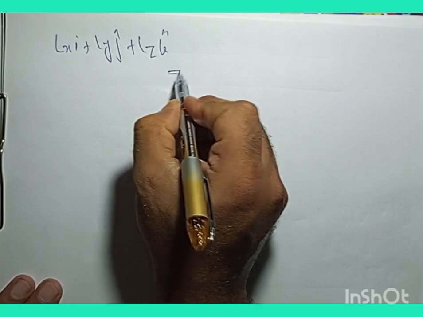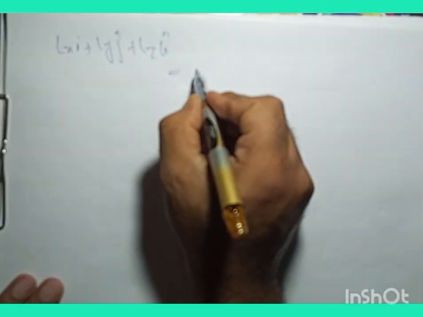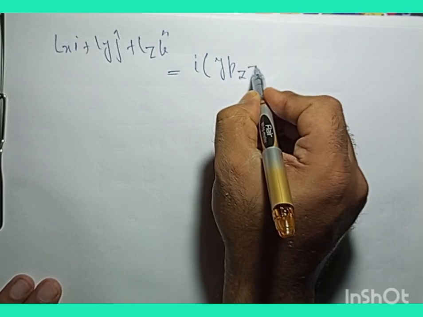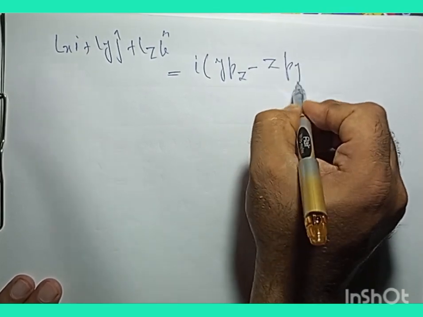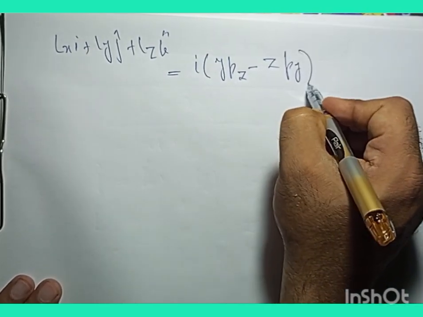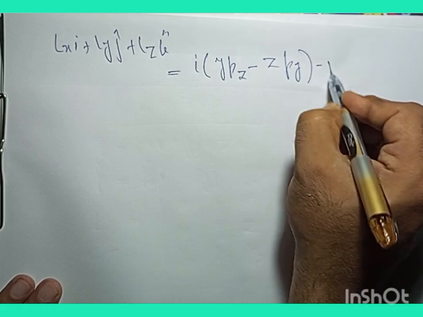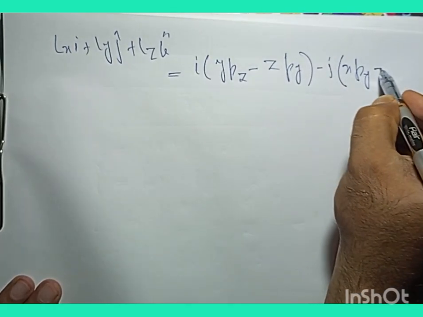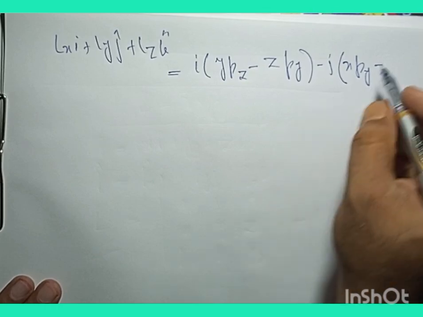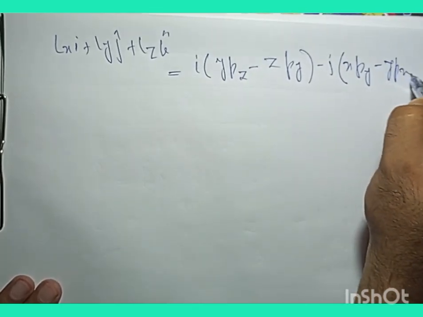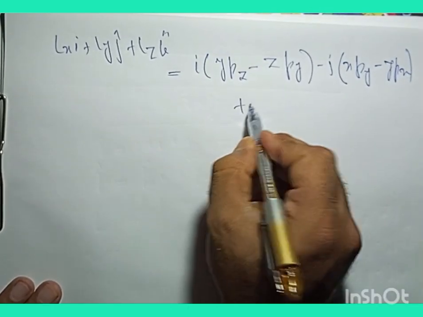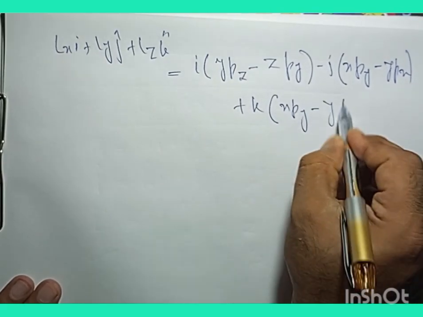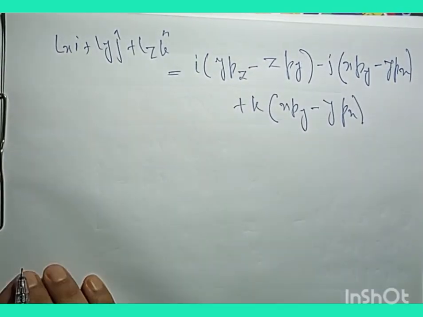So this is equal to i times y pz minus z py, then we have minus j times x pz minus z px, and then we will have plus k times x py minus y px.